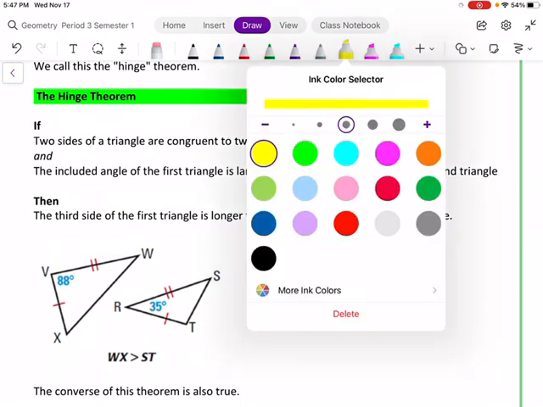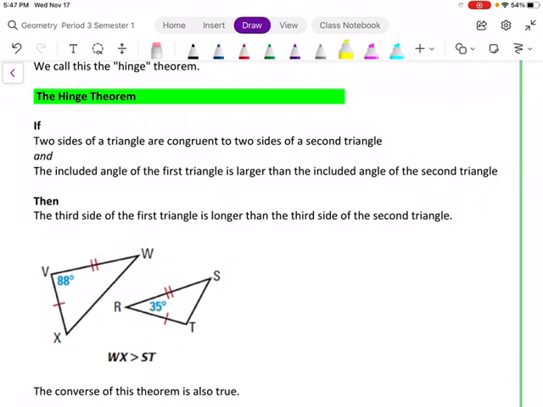So what that means is, if you look at the two triangles below, you'll notice there are two pairs of congruent sides between the triangles. And then if we look at the angle in between them, we have 88 degrees and 35 degrees.